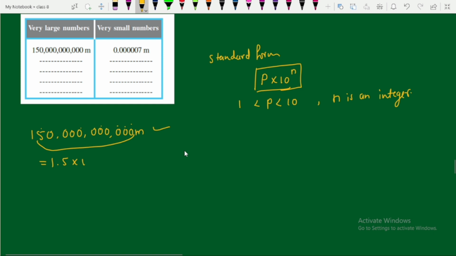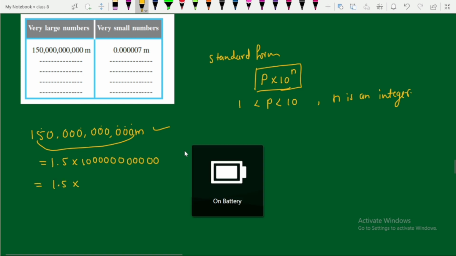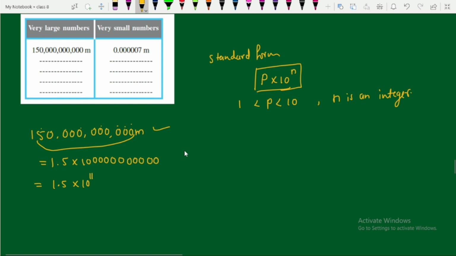So 11 zeros we put here. So we can write this as 1.5 into 10 raised to 11 meter. In this way you are going to write in standard form.